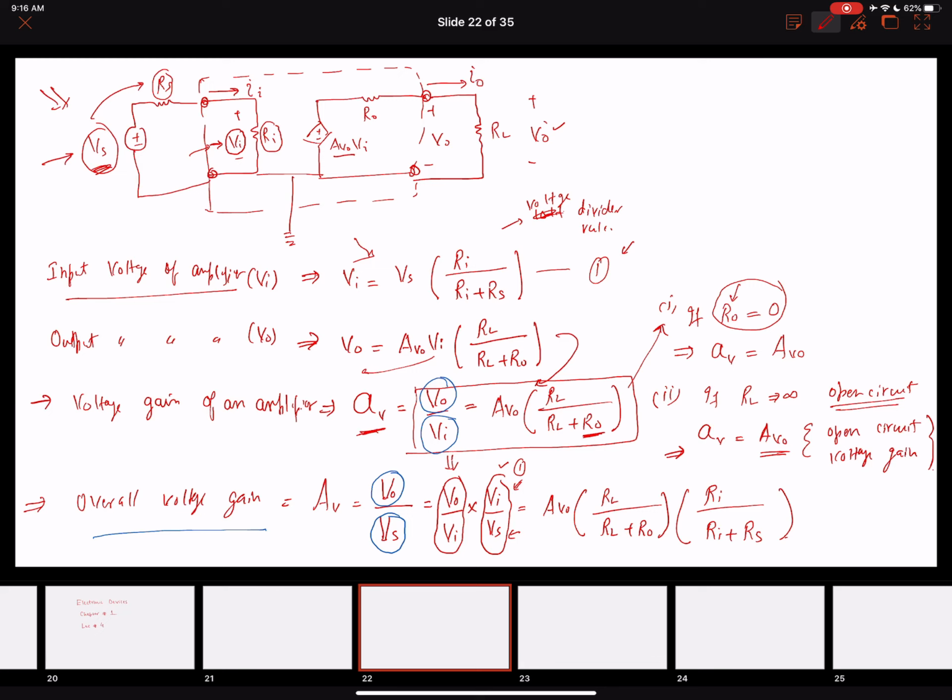So what we want is to make sure that the Ri should be as large as possible and ideally infinite, so that when we connect the Vs to the input of the amplifier, we do not have a drop in the voltage signal, and we have all the voltage available Vs to be amplified. So this is the important criteria. The input of the amplifier should have as high an impedance as possible to prevent the loss in the electrical signal.